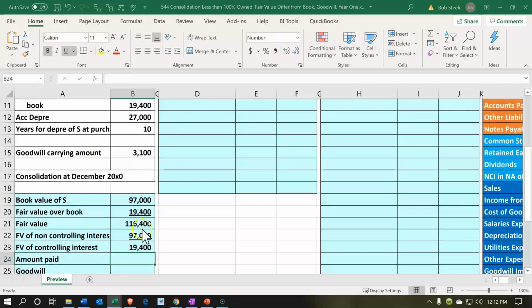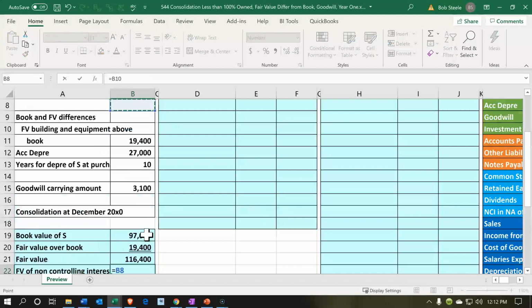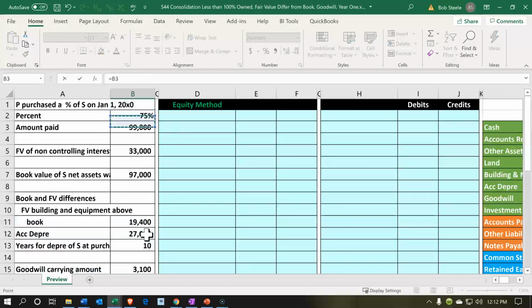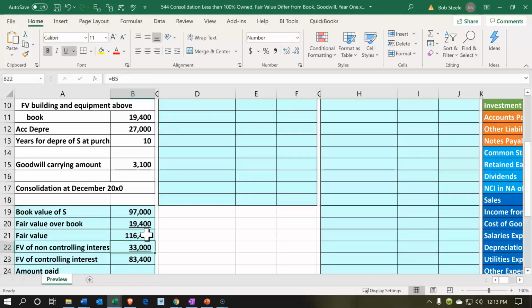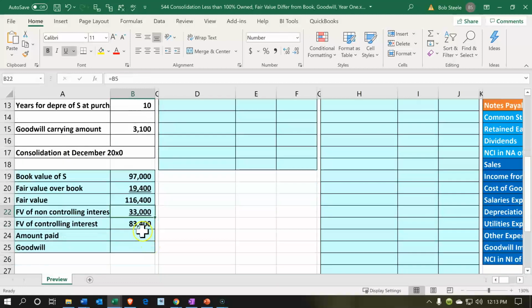Something happened there. This 97, I think, is wrong. I'm going to say this equals, they gave us the fair value of the non-controlling interest as the 33. Therefore, the controlling interest is going to be the subtraction of those two, 116.4 minus the 33, or the 83.4.